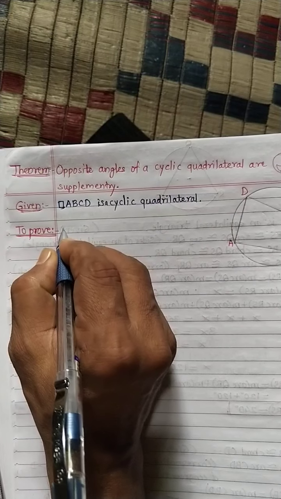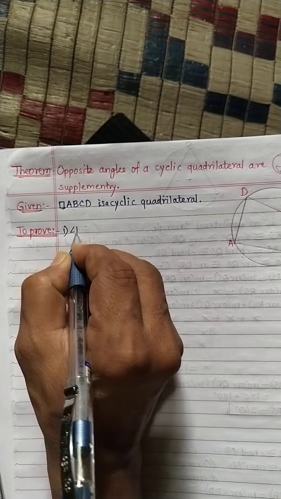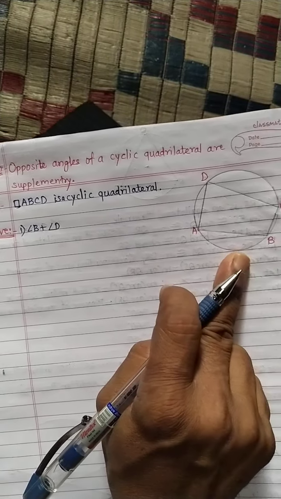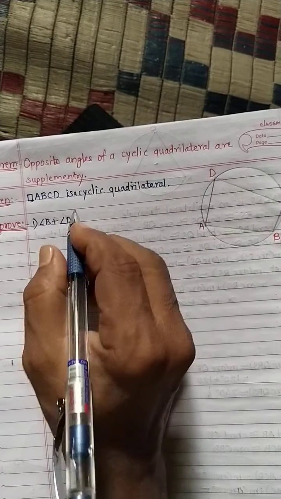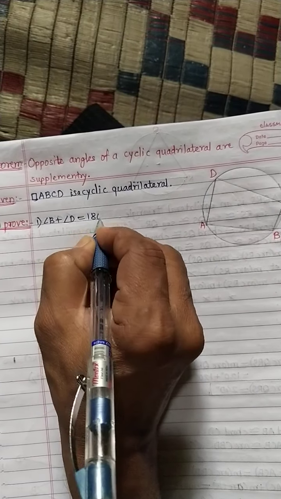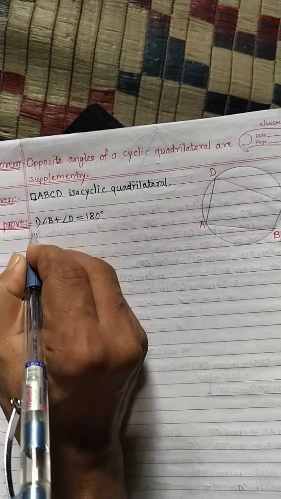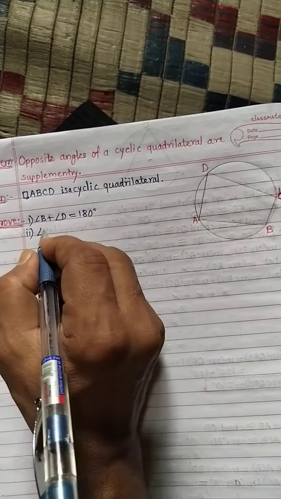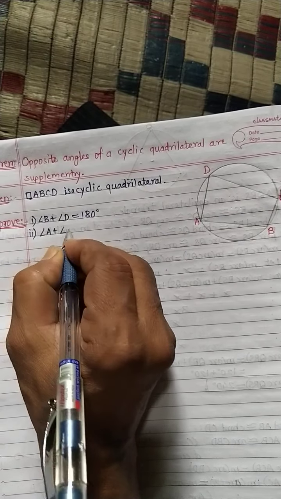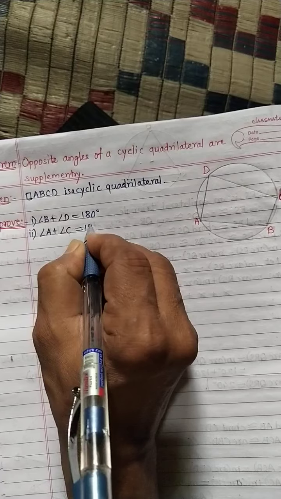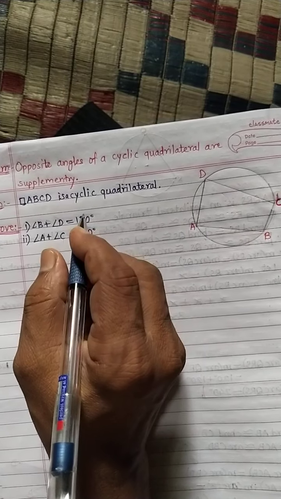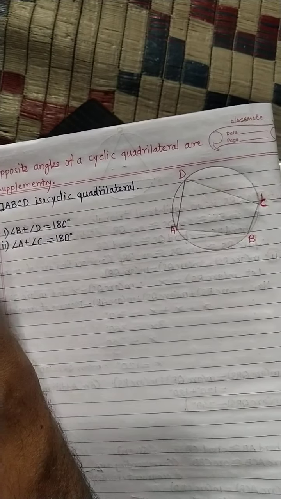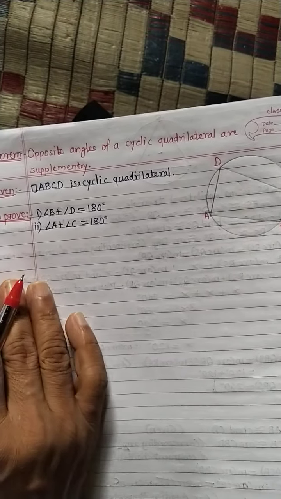Means first, angle B plus angle D is equal to 180 degrees, and also second one is angle A plus angle C is equal to 180 degrees.